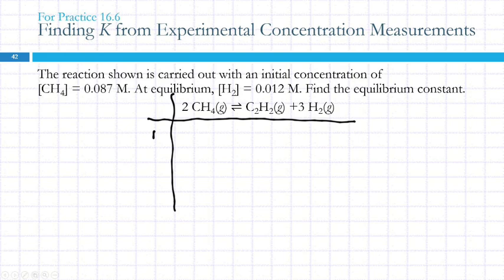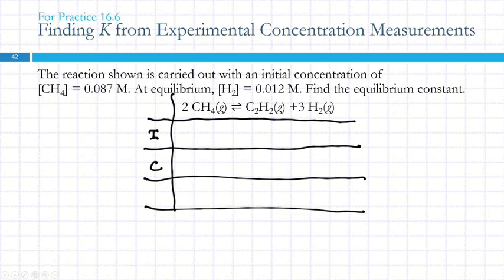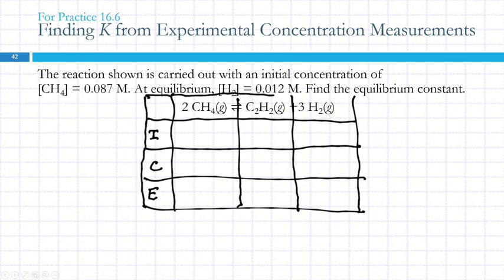So here I'm going to have an initial and a change and an equilibrium, ICE. Let's just be thorough and put one over there. Let's just put one up here too.